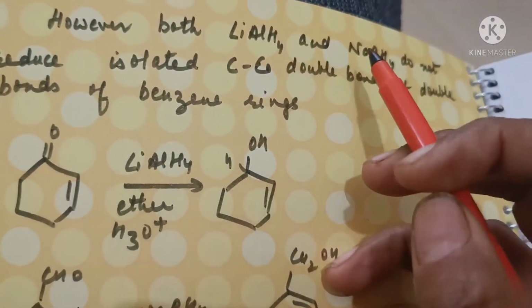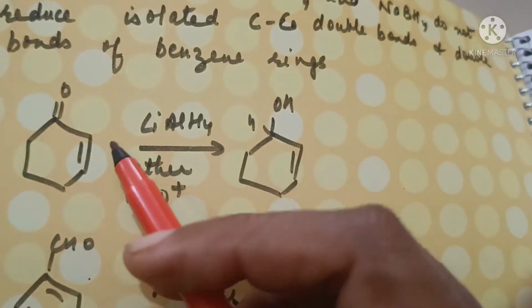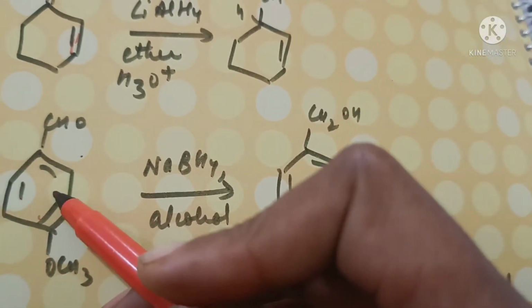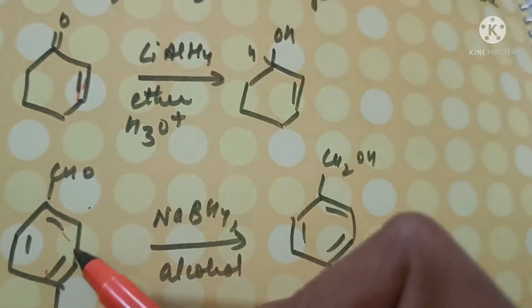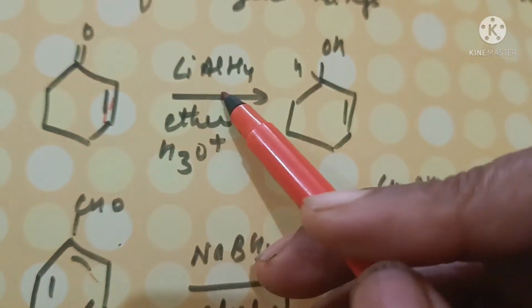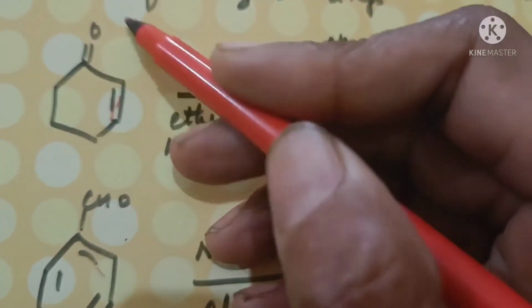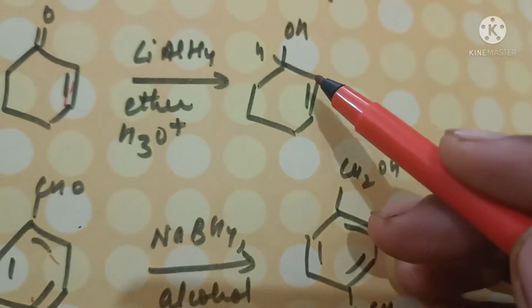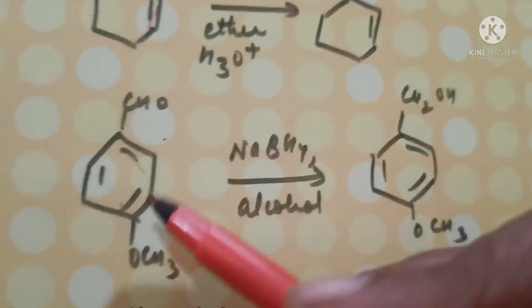Then, lithium aluminum hydride and sodium borohydride will not reduce the isolated double bond or the double bonds of the benzene ring. For example, when this compound is reduced with lithium aluminum hydride, only this portion is reduced, hydrogen is added here, whereas the double bond remains there.